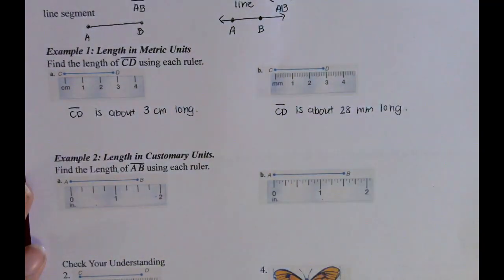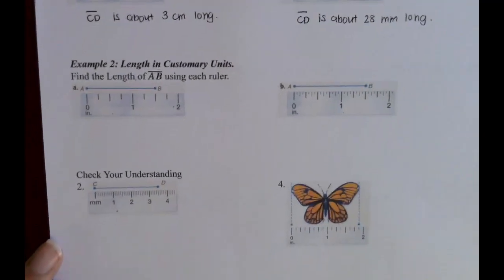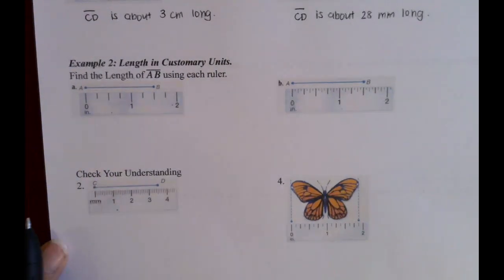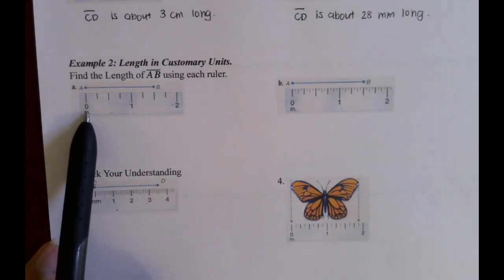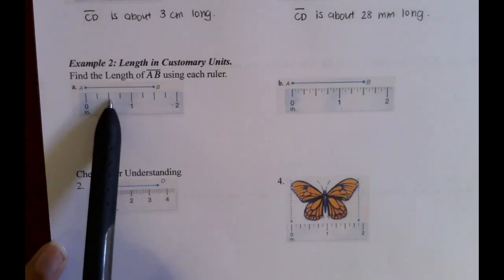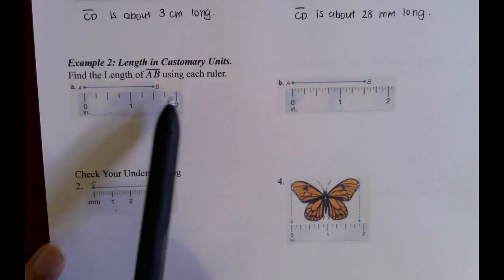Instead of doing the CYP for 1, we're going to move on to example 2. Here, find the length of AB using each ruler. Note here that this is in inches, and each inch in this case is divided into fourths. So this is 1/4, 2/4, 3/4, a whole, 1/4, 2/4, 3/4, a whole.